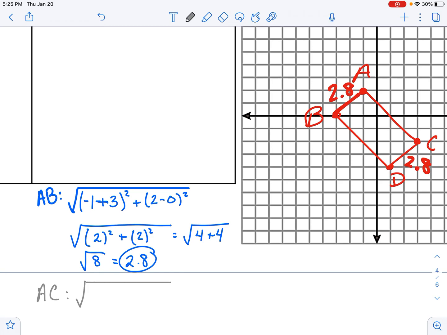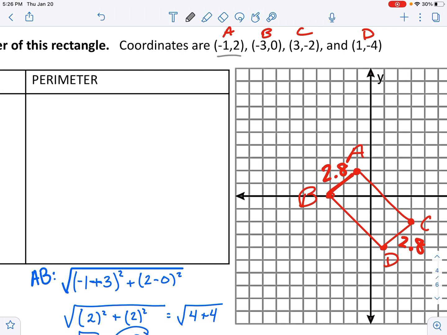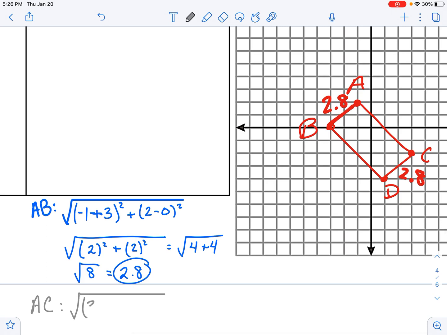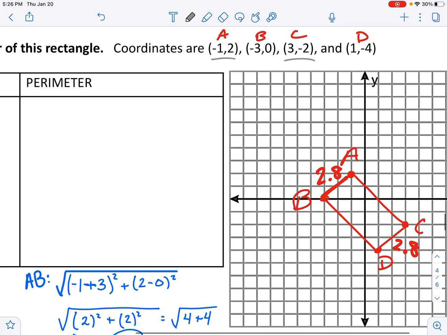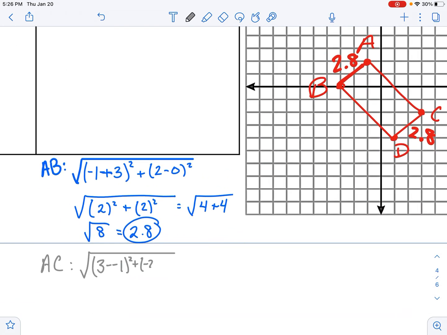So my distance formula for AC, x2 minus x1, 3 minus -1 squared, y2 minus y1, -2 minus 2 squared. Which is the same as 4 squared plus, now -2 minus 2 more is a -4 squared.